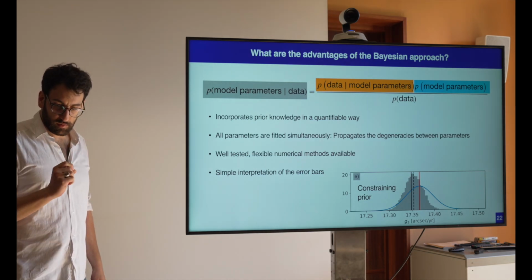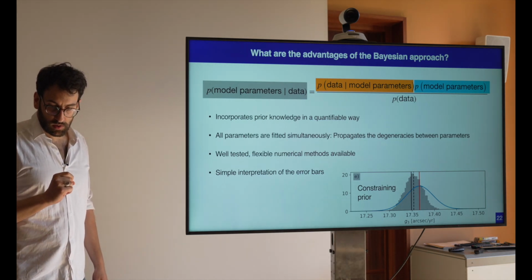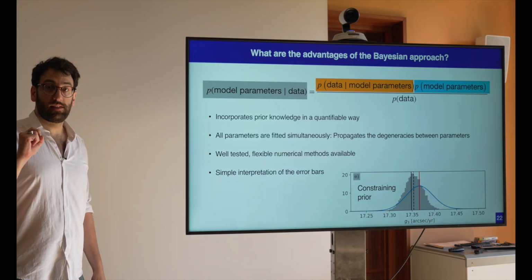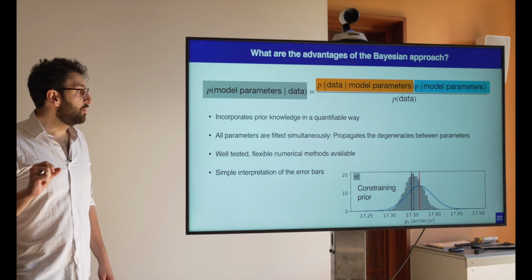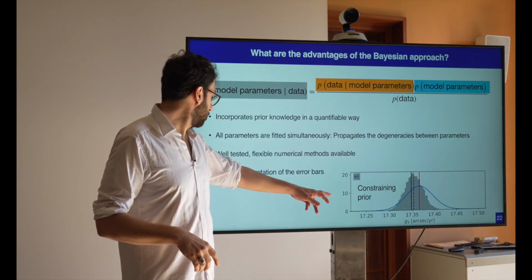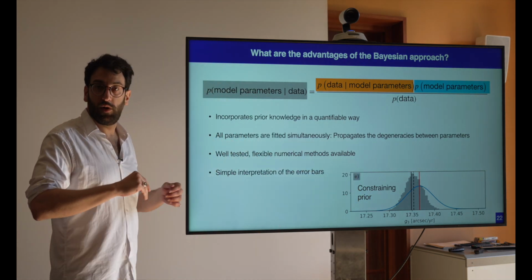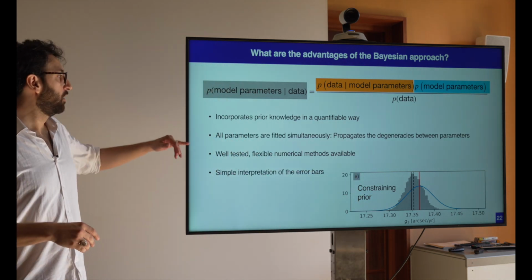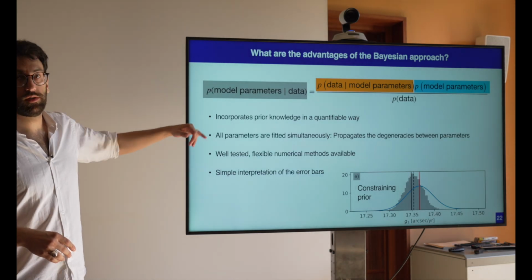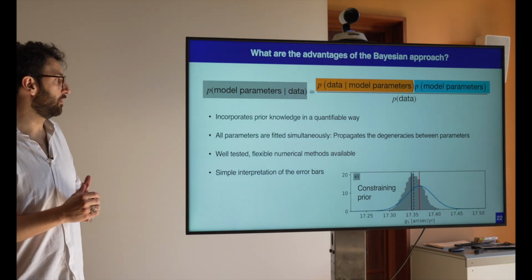The advantages of a Bayesian approach are that it's kind of simple, in fact. Once you've defined your likelihood and your prior, you have a consistent way to incorporate prior knowledge, about the astronomical forcing in particular.